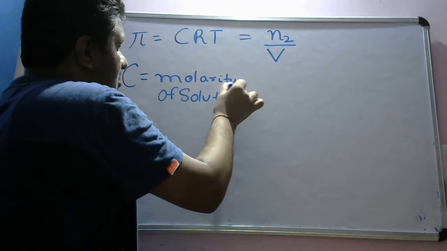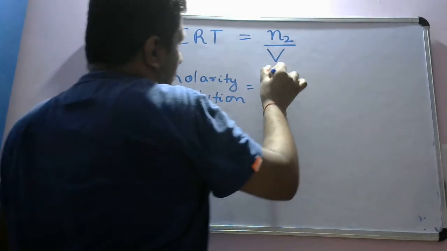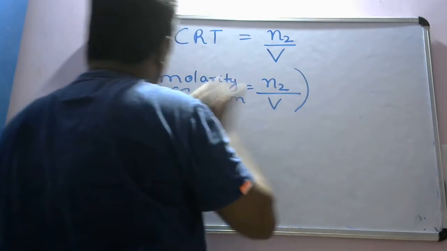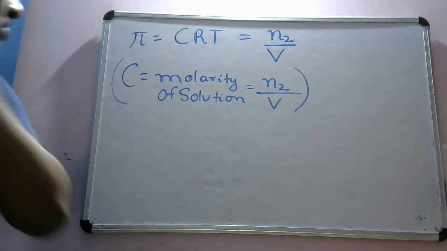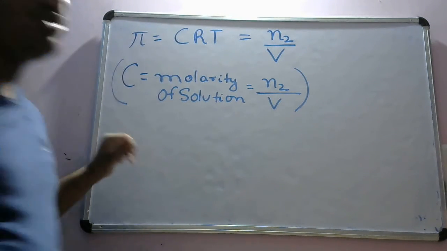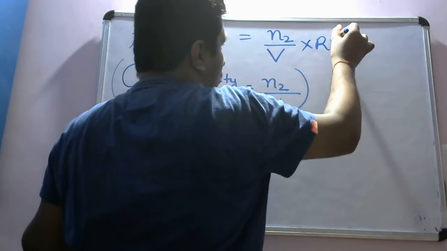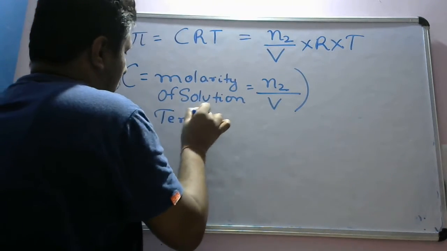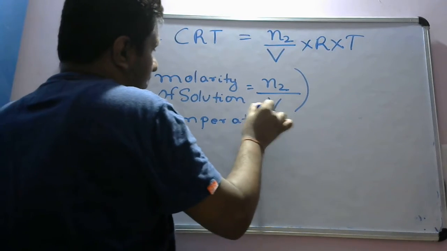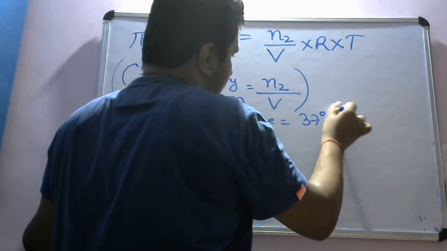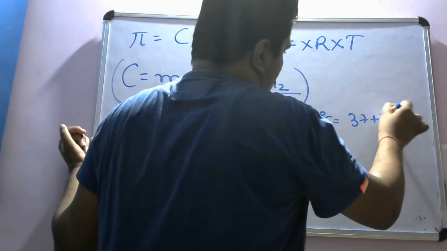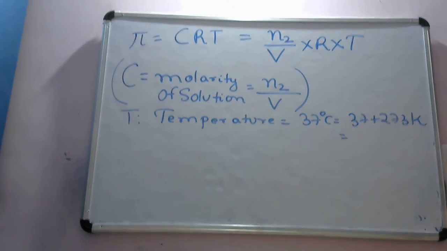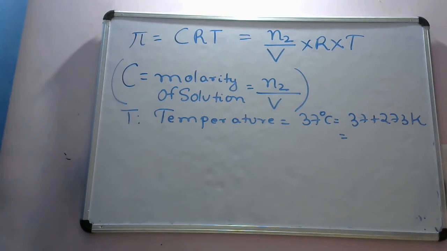So instead of C we will substitute N2 by V into R into T. T is the temperature. Temperature is given to be 37 degrees Celsius. You convert it into Kelvin because everything has to be in SI units. So we will get 310 Kelvin.